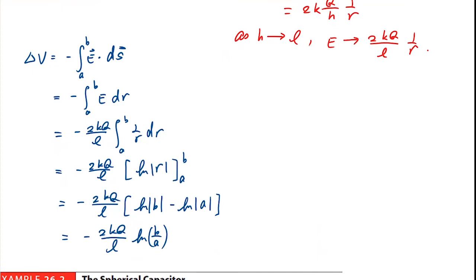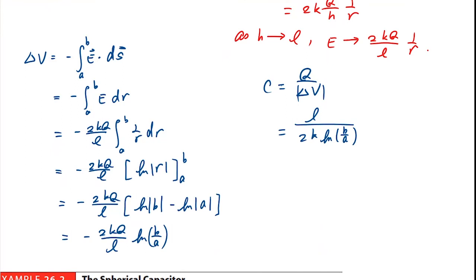Now, then we calculate the capacitance. Capacitance is Q over delta V, absolute value. So we knock out this negative sign, right? So what we have is L over 2k ln B over A. How's that? Good?